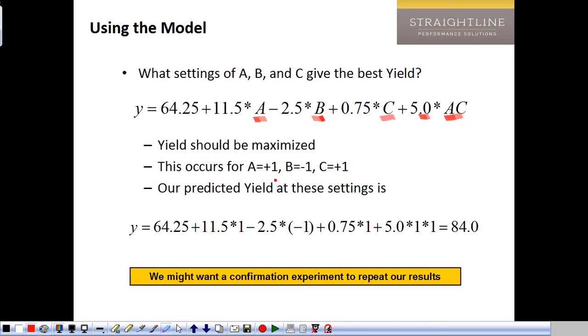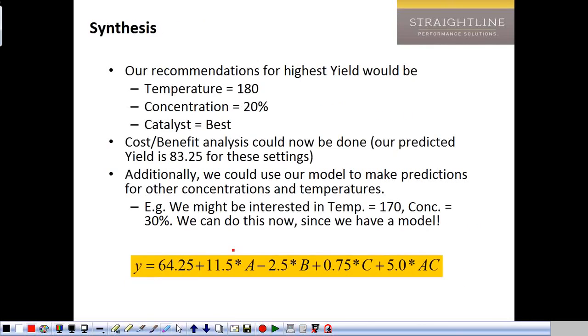So we're going to maximize it when A is equal to plus 1, B is equal to minus 1, C is equal to plus 1. And that gives us an 84% yield. What does that mean? Well, that means at the temperature that's the high temperature, 180, the concentration that's the low concentration, 20%, and the best catalyst will give us basically 83% yield on that. Okay, so that's it. That's how it all works.